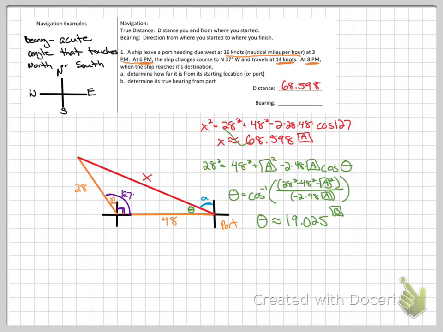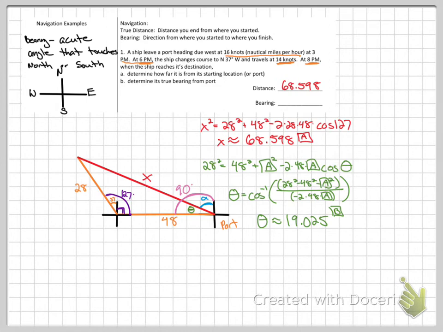So we know theta is 19-ish, right? So if you look at your picture, I'm going to switch to this weird pink color. If theta is 19 and I know this much is 90, right? Because it's a quadrant.